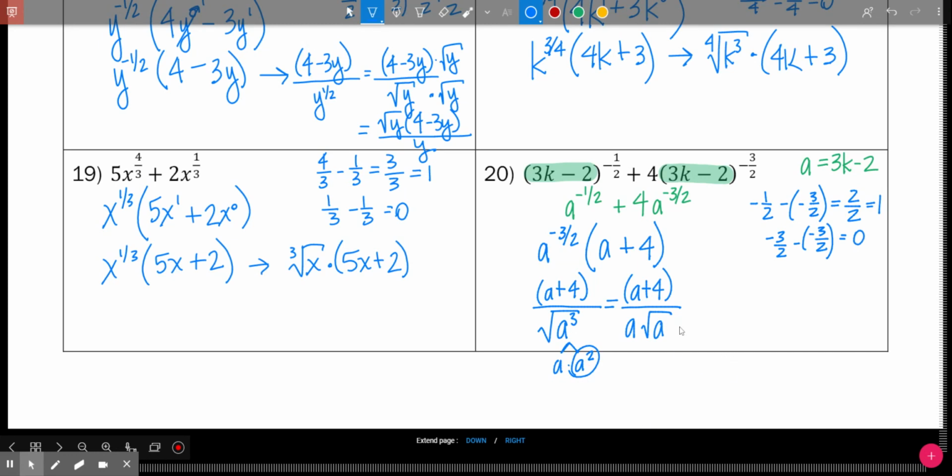We can't leave that radical on the bottom, so I have the square root of a times the square root of a, and this is the square root of a times a plus 4 over, this will be a times the square root of a squared, which is just a, so I have a squared on the bottom.